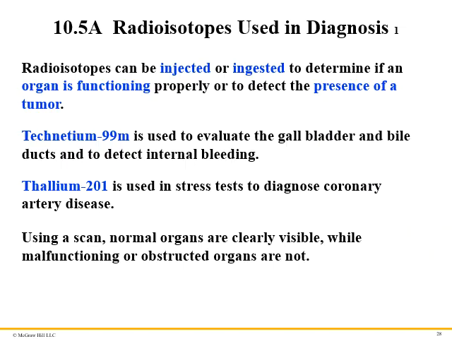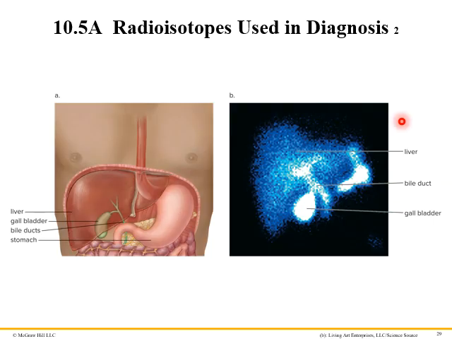These different isotopes that we are referencing here do emit radiation, but not to the point where it will cause damage. They just generate a contrast in your instrument, allowing you to see better. You can see here, as an example, your liver, your bile duct, and your gallbladder.